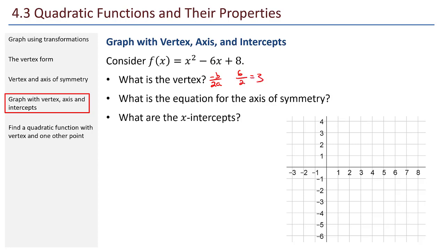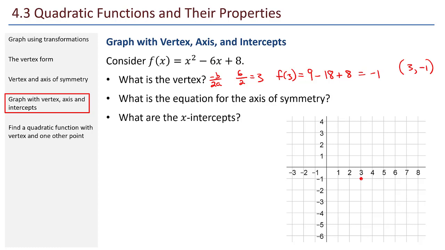So the x value of my vertex is 3. Now let's plug in 3 to figure out the y value. f of 3 is 9 minus 18 plus 8, and that equals -1. So the vertex is at the point (3, -1).